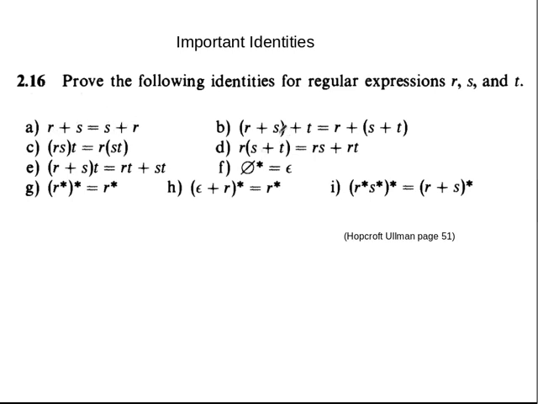And this is showing that this plus is associative. This is showing that this concatenation is associative, and this is showing that this concatenation is distributive over this plus. So all these algebraic relationships are very useful when you are trying to convert one regular expression to another.